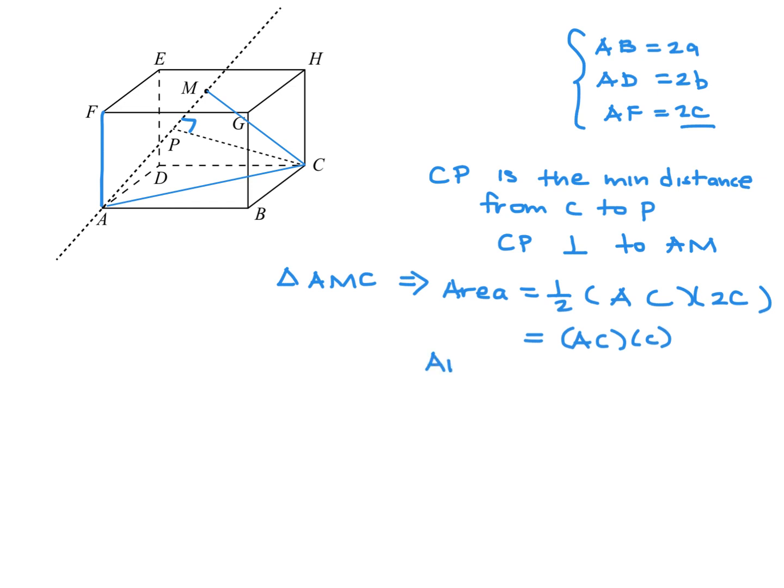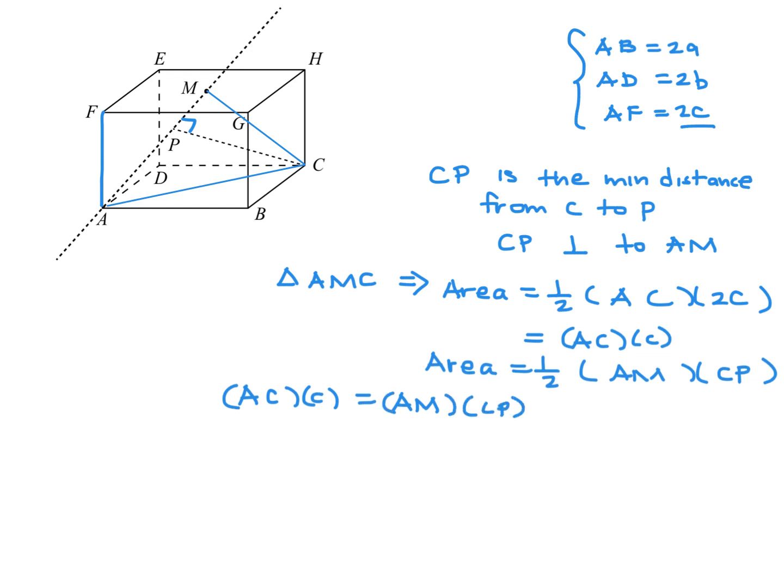Another way of figuring out the area is 1/2 base times height, but this time using the base as AM and the height as CP, because that's the perpendicular height for that orientation. So that basically means that if you equate them, AC times C is the same as AM times CP.